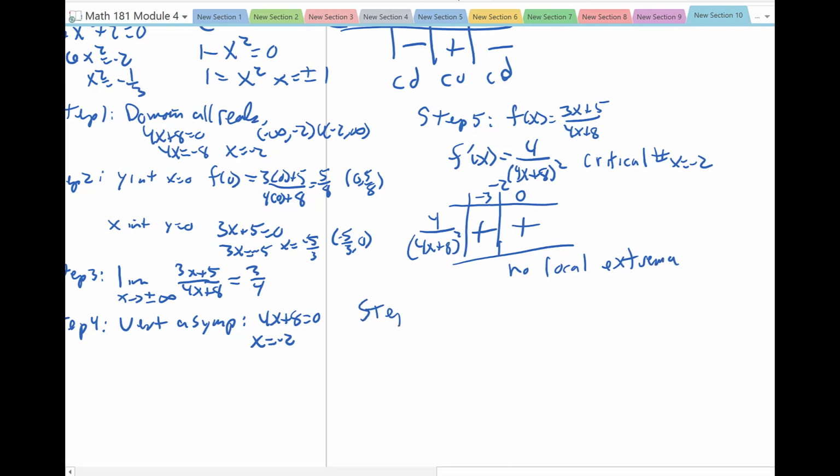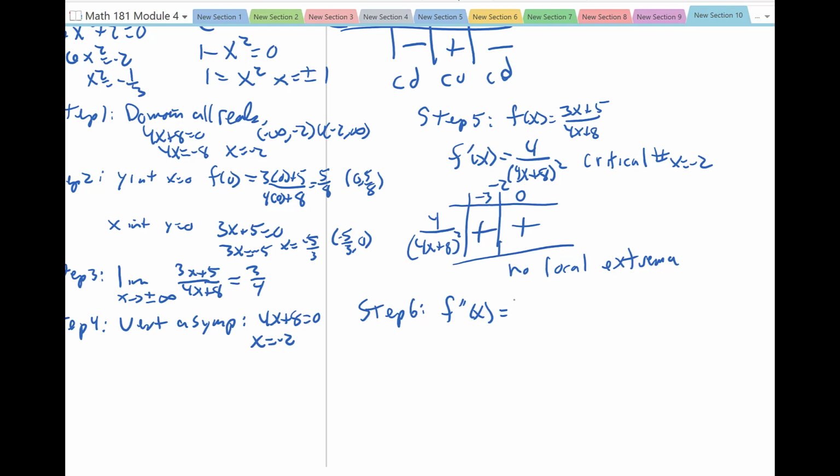Step 6, we look for the second derivative. So work this out. I also double check my work. If you use something like Wolfram Alpha, which is how I double check my work, you've got to be careful when taking the second derivative.